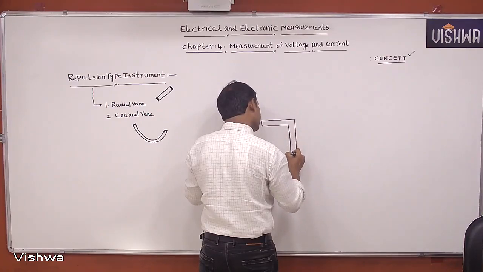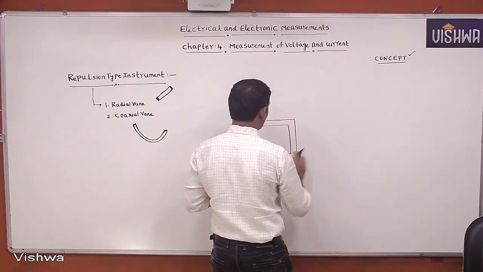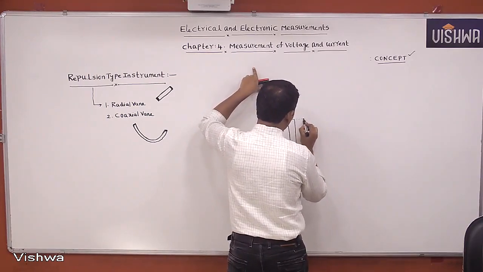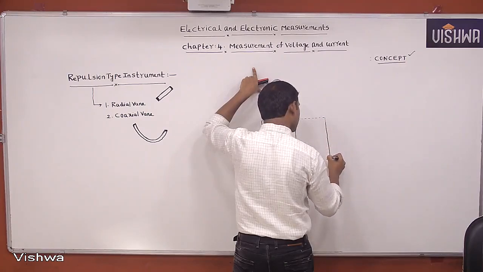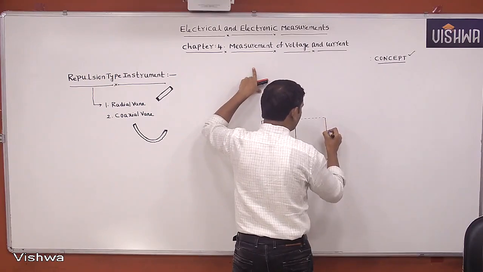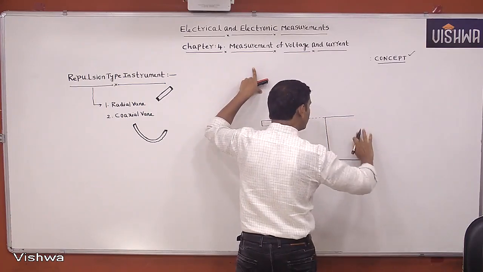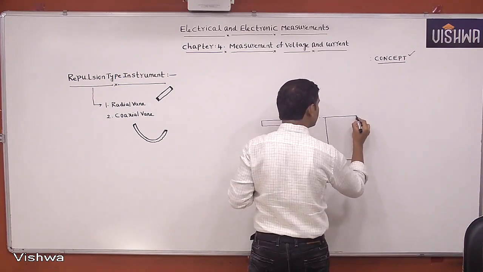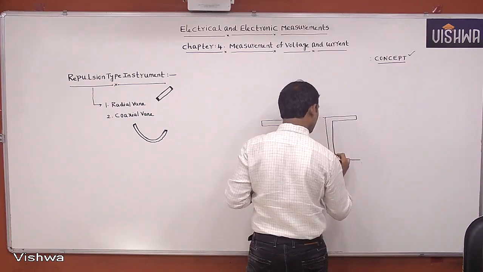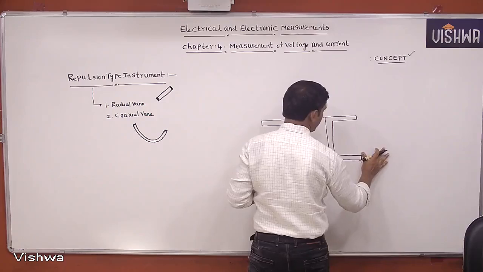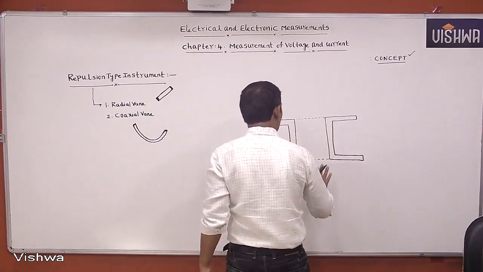Draw this in parallel. This is the electromagnet representation. You draw this electromagnet.